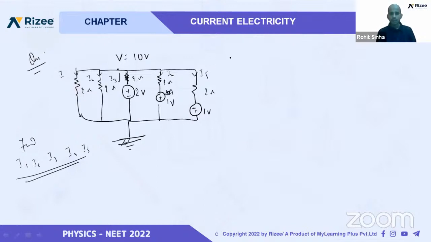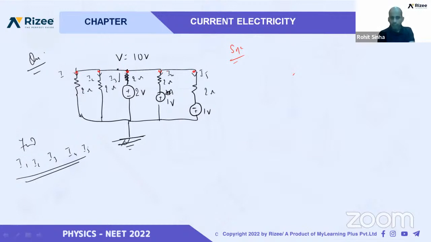Okay, let me solve. Let me show you. These are the second variety of questions, so don't worry if you are not able to solve it, because I have not taken a similar type of question. Now for this 10 volt, all the branches will have the same potential because they are in parallel connection.